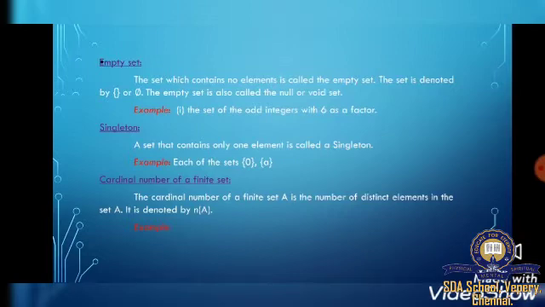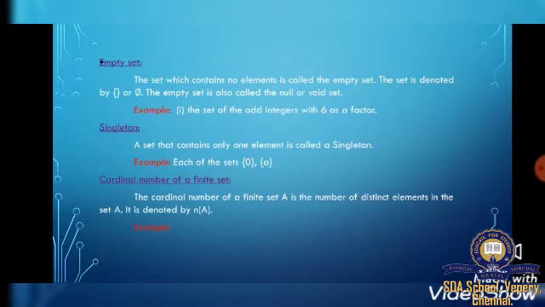Next we move on to the next type, the singleton set. A set that contains only one element is called a singleton set. For example, the set {0} and another example is the set {a}. So these are said to be singleton sets. Next we move on to the cardinal number of a finite set.